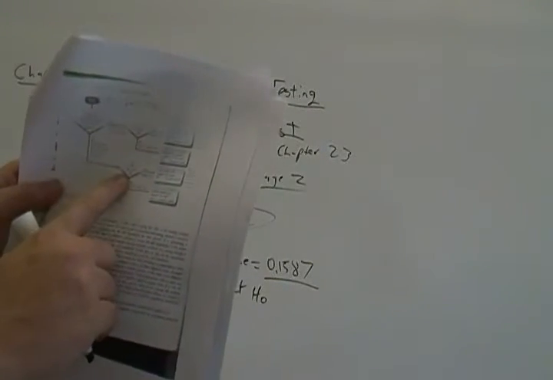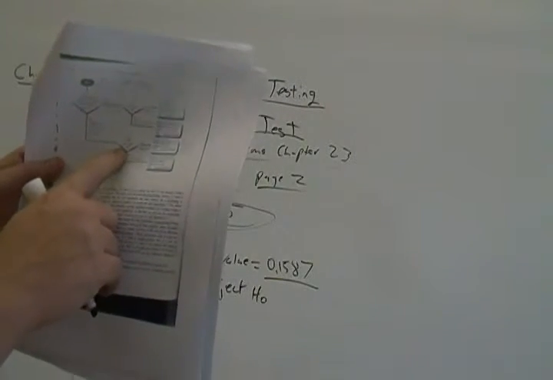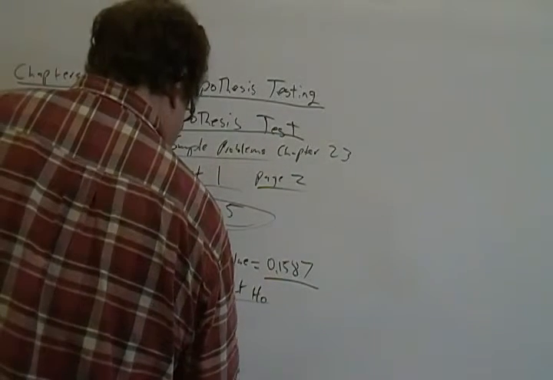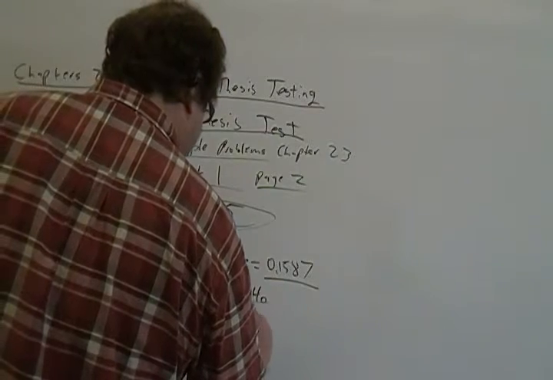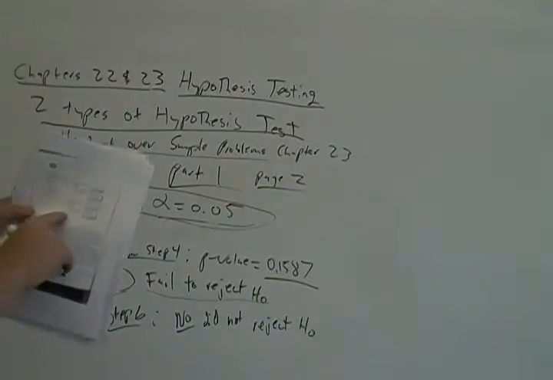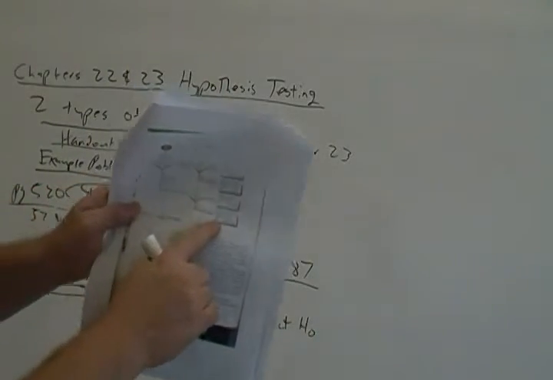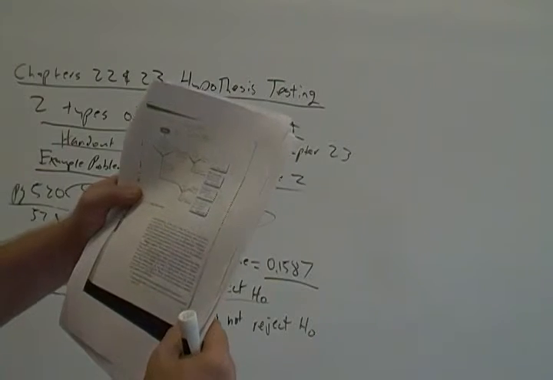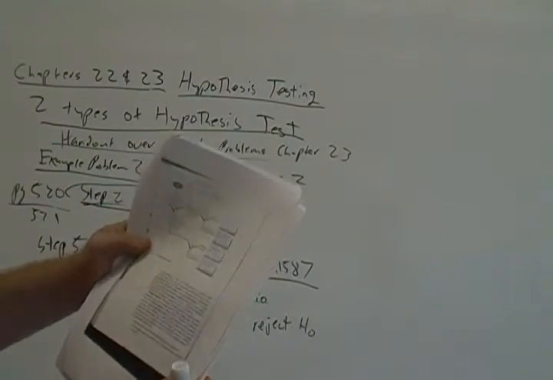Then that scoots you across, and the next question says, did you reject H0? Did we reject H0? No, we did not reject H0 in this example. So since we did not reject H0, that leads you into this bottom box. That bottom box says there is not sufficient sample evidence to support the claim.